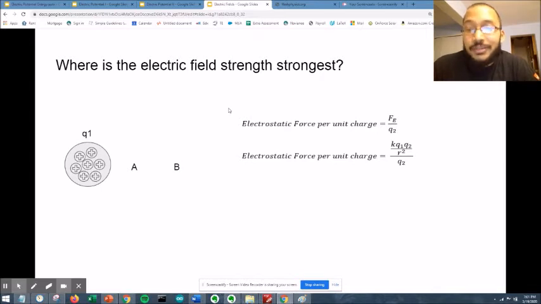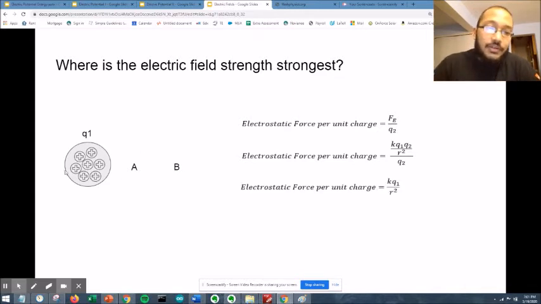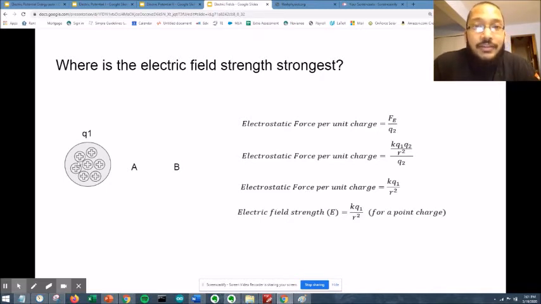So we're going to put in Coulomb's law there, k Q1 Q2 over r squared, where Q1 is this source charge over here. And what I'm getting is essentially the electric field strength for a point charge. Q1, I'm treating like a point charge. So yeah, it is A, it's stronger.